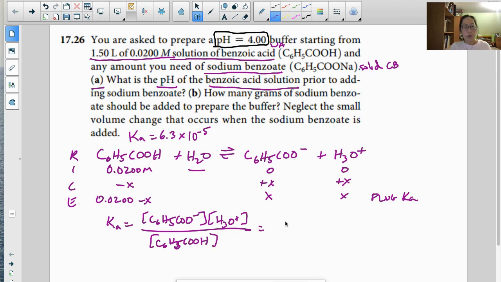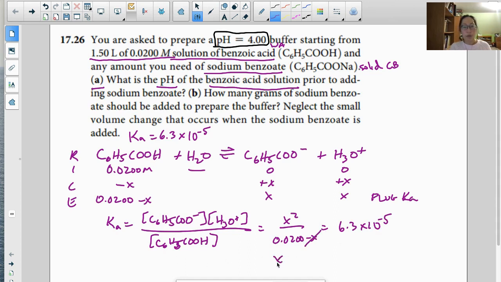Okay, so plugging this in, we get x squared over 0.02 minus x equals 6.3 times 10 to the minus 5. But these are different by more than 2 orders of magnitude, so we can neglect x.